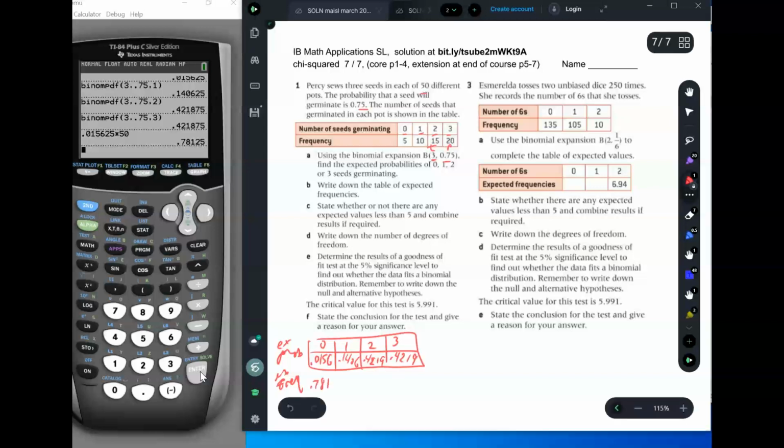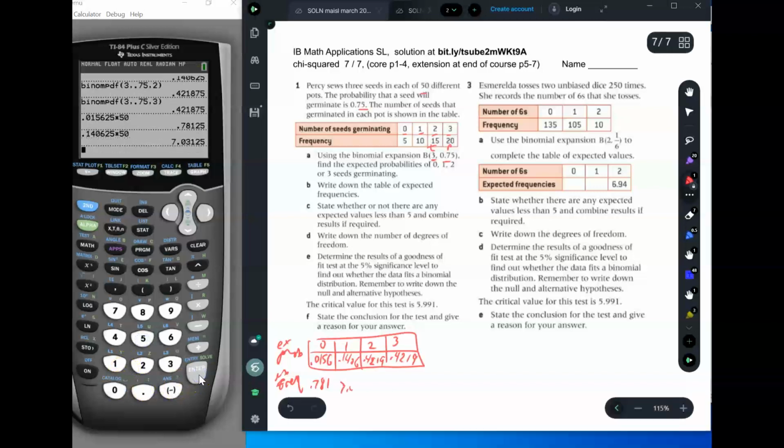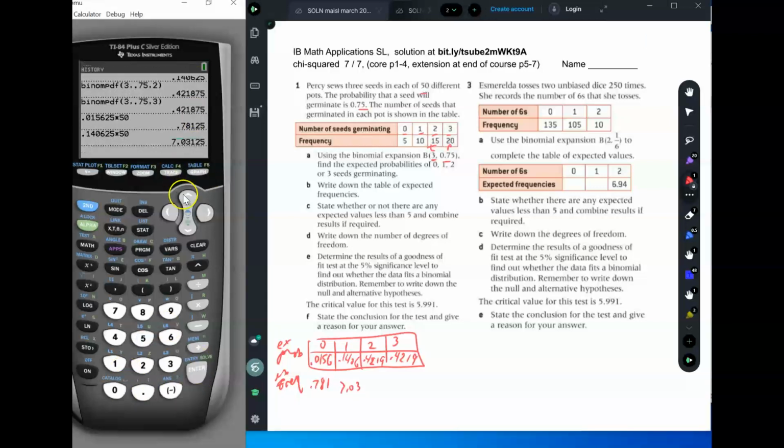And then I'm going to do the same thing with 0.1406 times 50, which gives 7.03, and then finally I do that with 0.4219.